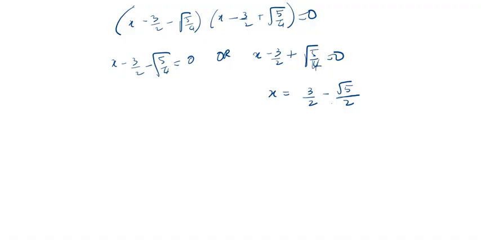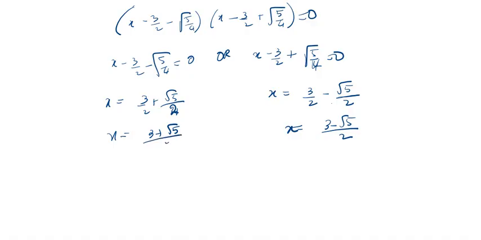That's my x value. From here I get x is equal to 3 by 2 plus, I do the same thing here, root 5 by 2. So x will become 3 plus root 5 by 2. Okay, so that's how you solve using completing the square.